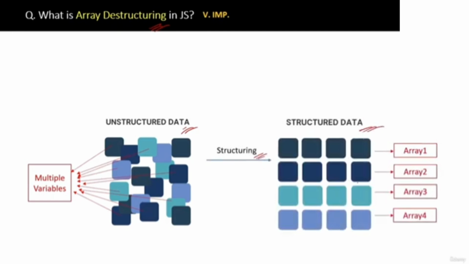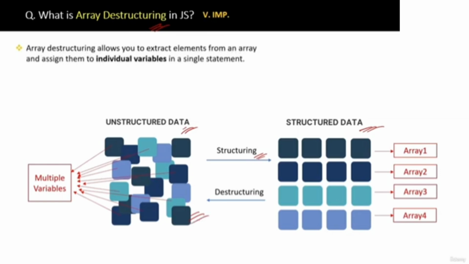But sometimes we have to destructure the array data back into the variables, and that is called destructuring. The definition is, array destructuring allows you to extract elements from an array and assign them to individual variables in a single statement. The second point is, array destructuring was introduced in ECMAScript 6, ES6.